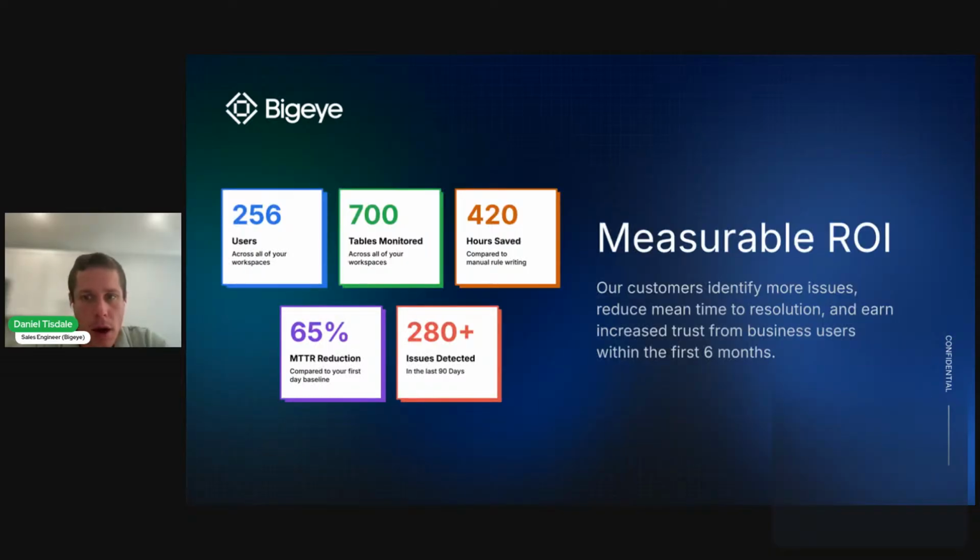Now, from a ROI perspective, it's very easy to measure the impact and the success of a solution such as Bigeye once you have implemented it within your organization. These are some sample KPIs and metrics that our customers are able to see within the first 6 months or so.